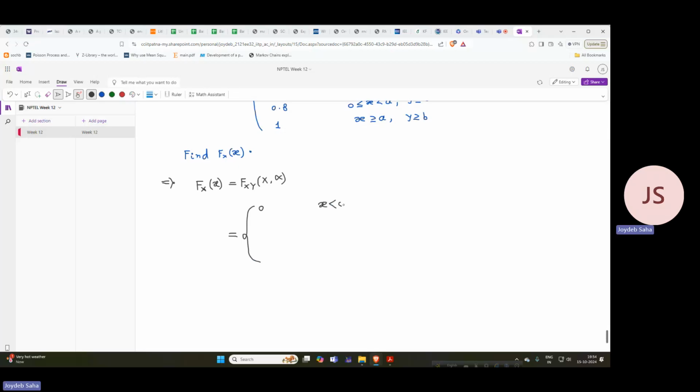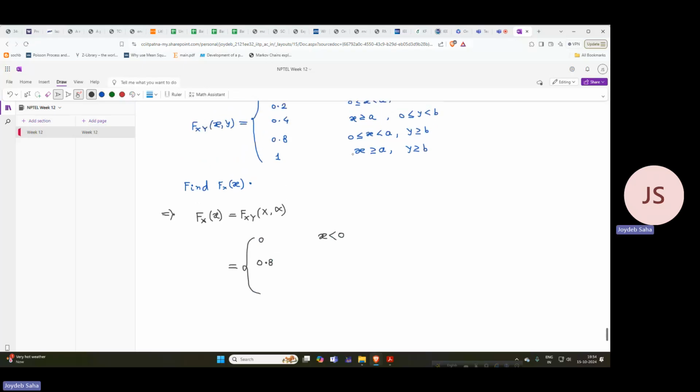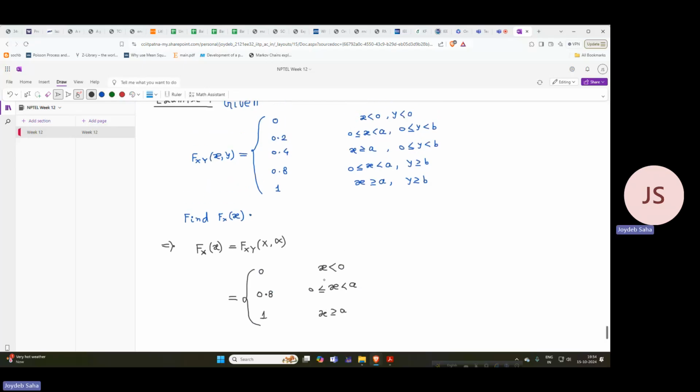For x less than 0, it is always 0. 0.8 for x between 0 and a, that is 0 less than or equal to x less than a, and 1 for x greater than or equal to a. Okay, is this clear? So it was part 1 of the question.